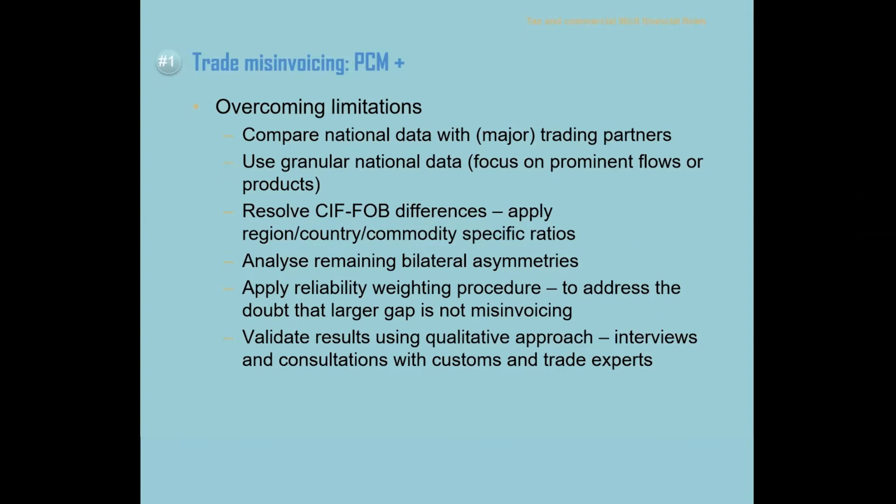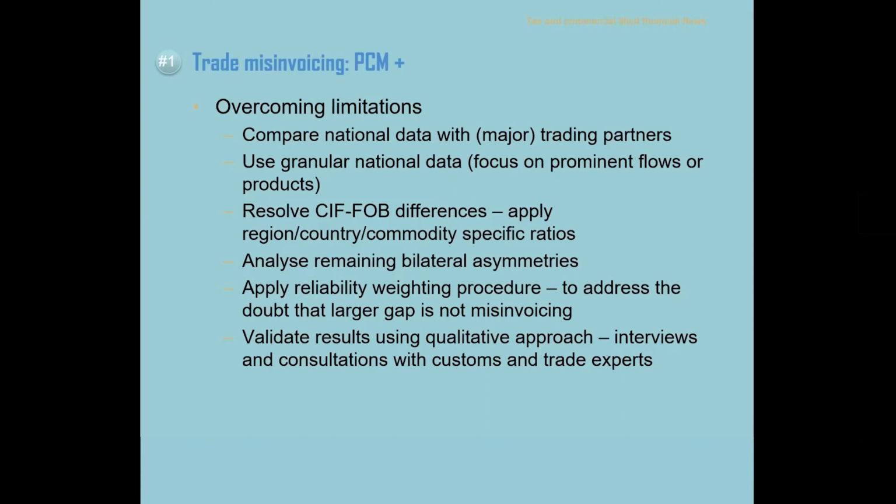So this touches upon the second point, which is to use granular national data. So including most detailed levels of the product classification by partner, and all potentially available microdata, by which we could reduce any uncertainties about the source of those bilateral trade asymmetries.